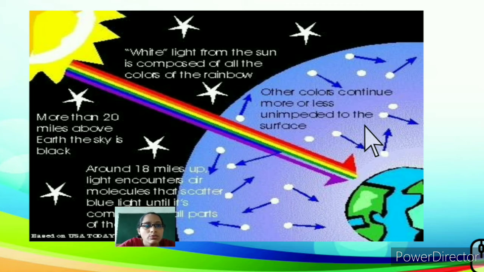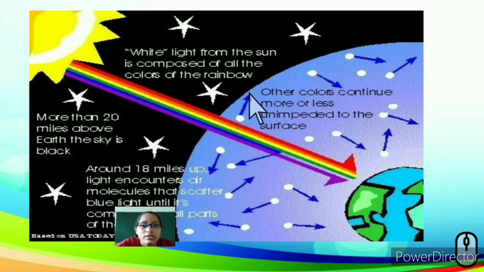Here also we can see white light from the sun. It's a general thing to keep in mind that white light passing through a prism, or transparent or natural prism, enters, refracts and reflects, so it disperses into 7 different colors. The least bent color is red, and the most bent is violet, and blue light has a shorter wavelength than red light.